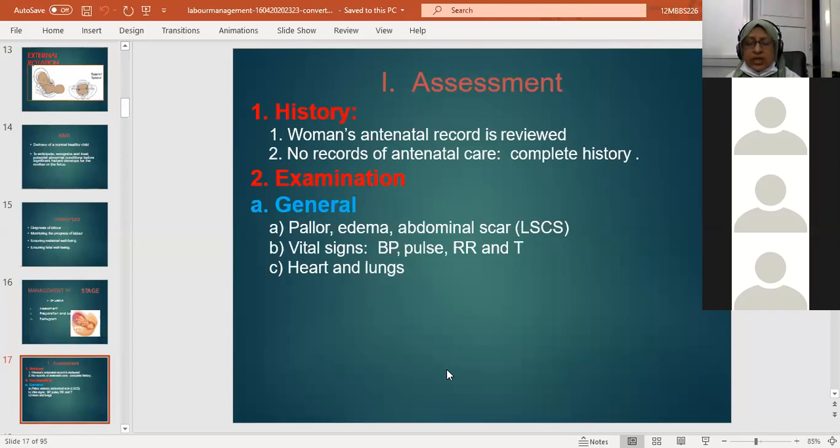we have discussed. Parity means number of times a female delivers alive or dead babies. Gravida means number of times the uterus becomes gravid.